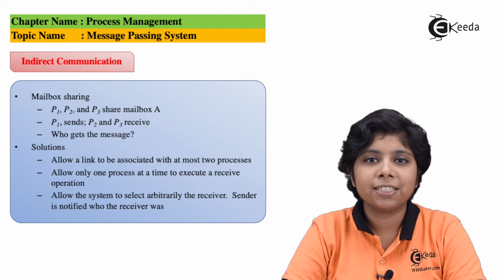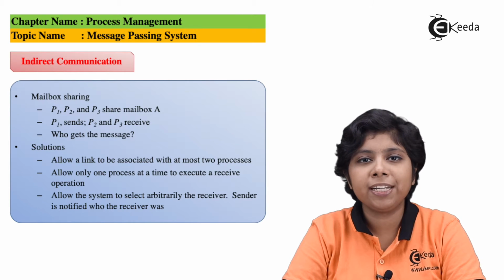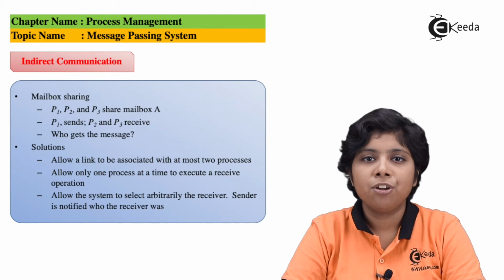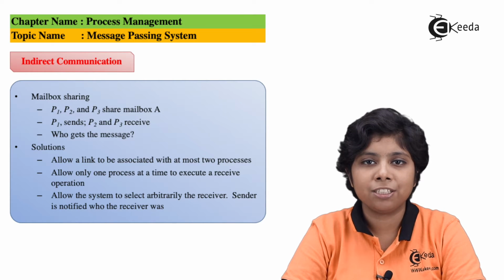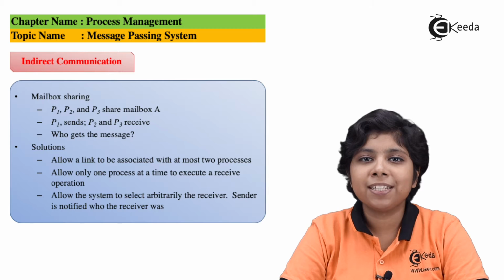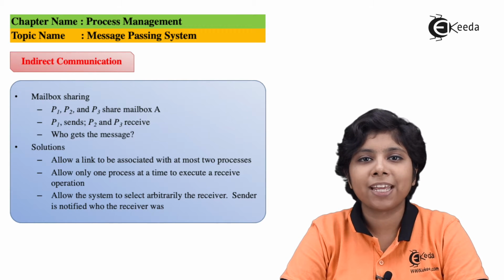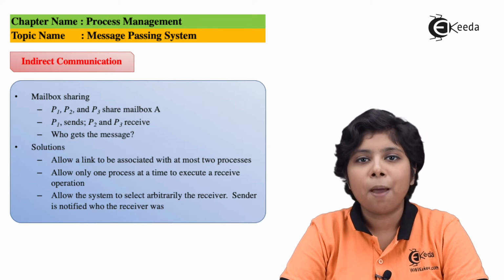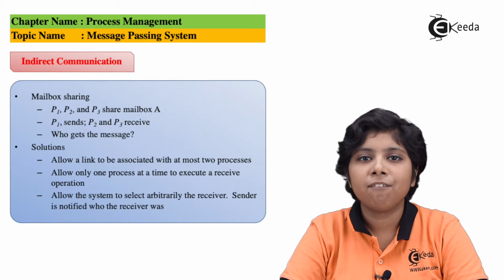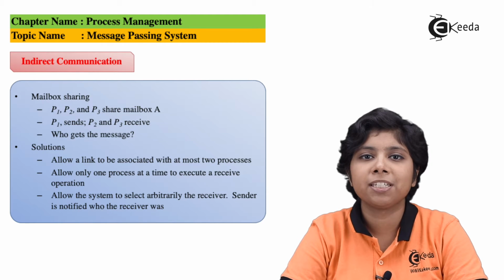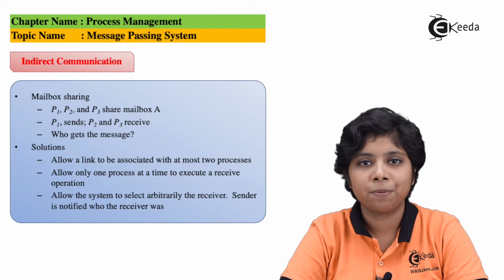Now, mailboxes can be created by the operating system or by the owner. When a process is creating a mailbox, the owner of the mailbox can only receive the messages, and any user can send messages to that mailbox. By using this technique, we can assure that only one receiver is receiving all the messages of a mailbox.